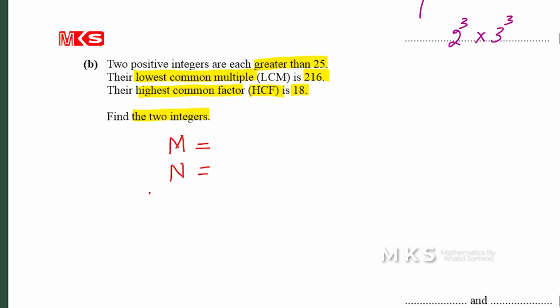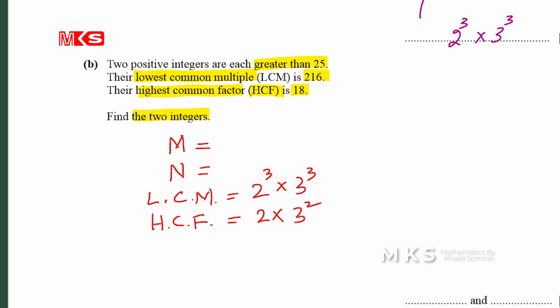Their LCM is 216, which is 2 cube times 3 cube, and their HCF is 18, which is 2 times 3 square. When the numbers are written in this format, it means they are expressed as a product of their prime factors.